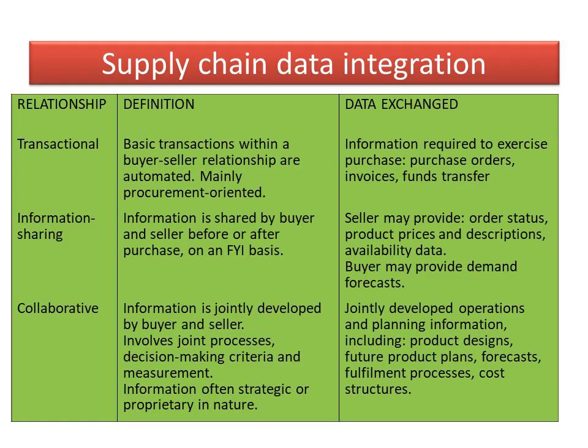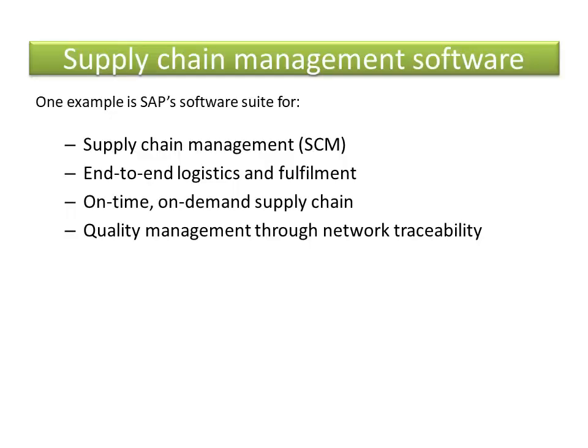So we might need to integrate information in the supply chain to make it work. We might need to share, and there's various software, for example SAP, that can be used to help us coordinate a supply chain.